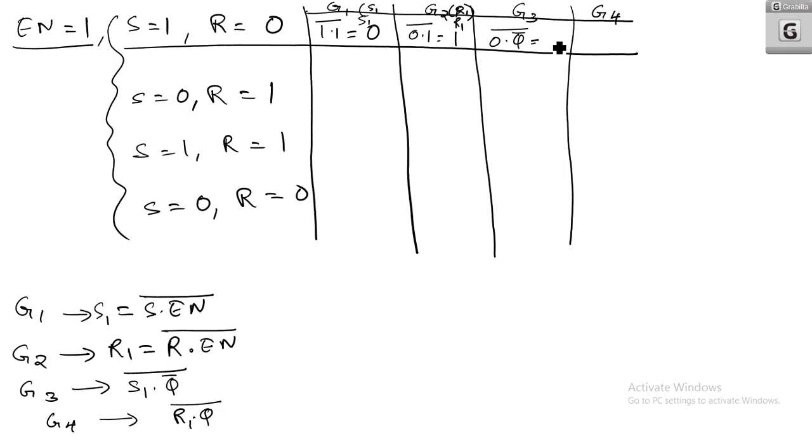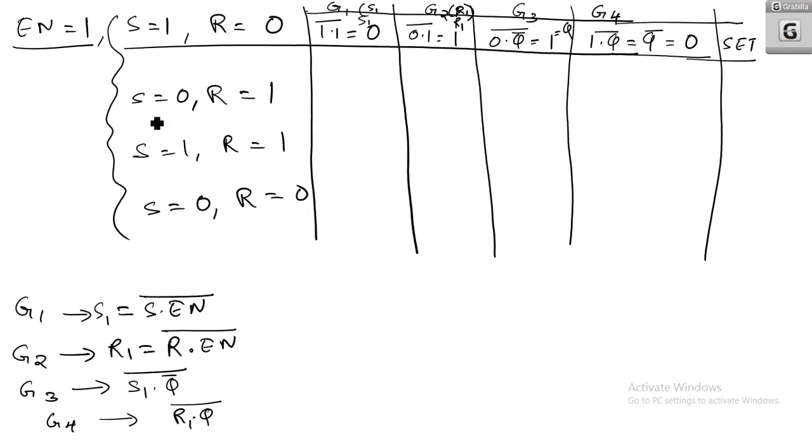That is 0 bar, that is 1. Now what is the output of gate 4, R1 dot Q the whole bar? What is R1? That is 1 dot Q the whole bar, which is Q bar. So since this is Q, you can take Q bar as 0. That means the output will be set to 1. So this is basically a set logic.